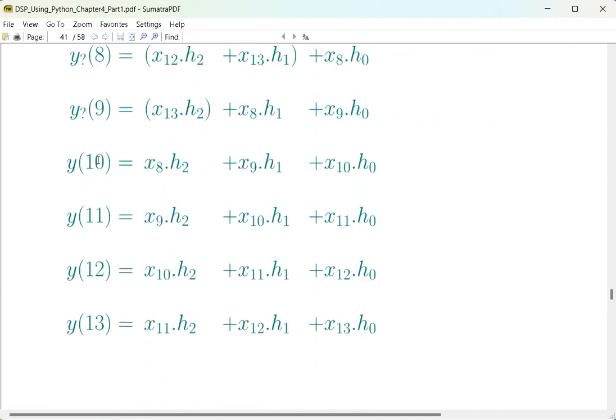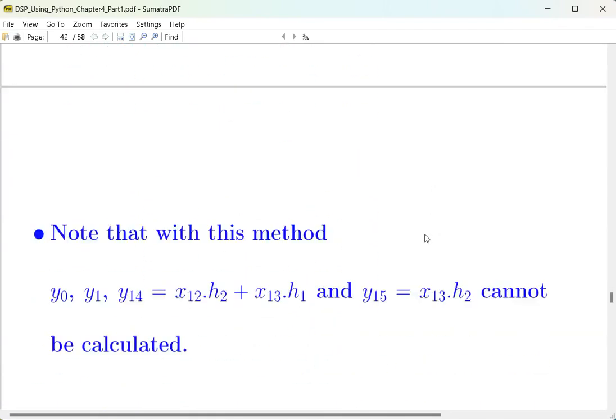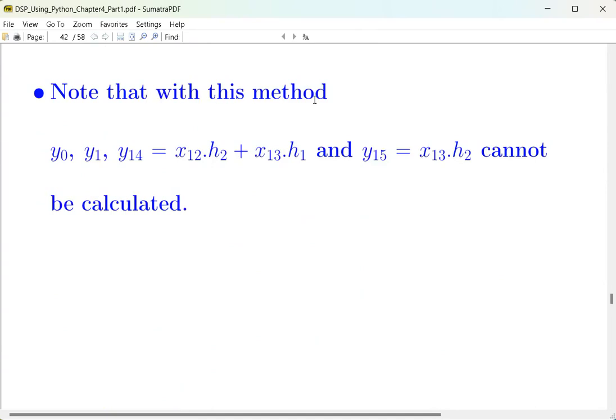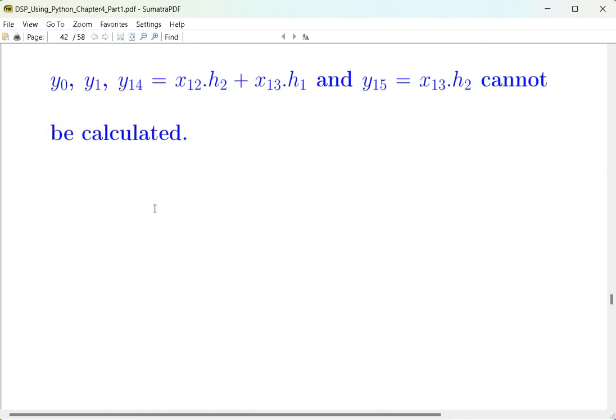Now y10, 11, 12, 13, the exact definition, you see all of them. Note that with this method, y0, y1, y14, and y15 cannot be calculated.